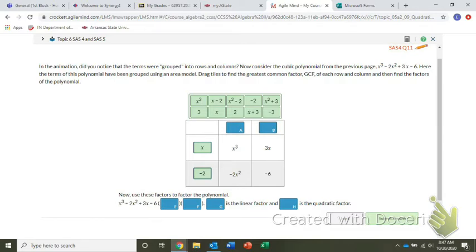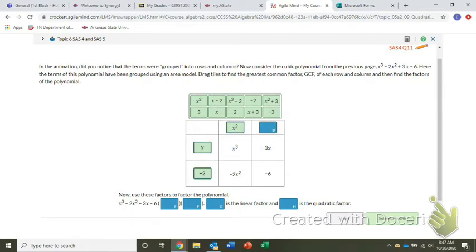Now we highlight the first column. And we have an x cubed and a -2x squared. So this column has how many x's together? They have what in common? Well, they have 2. So an x squared goes here.